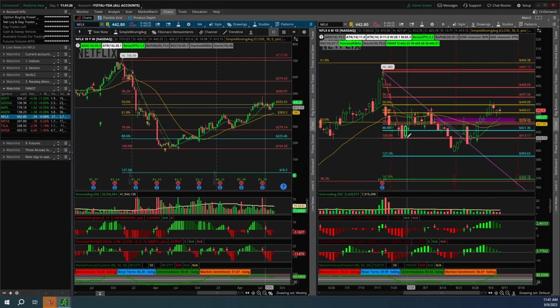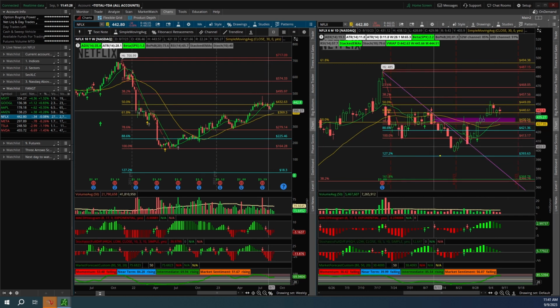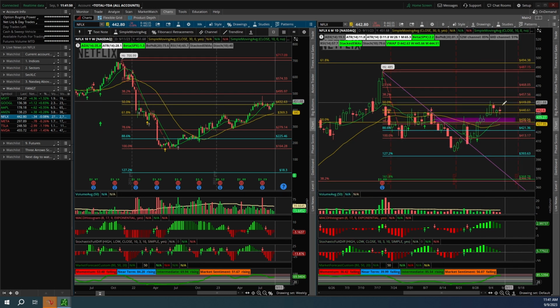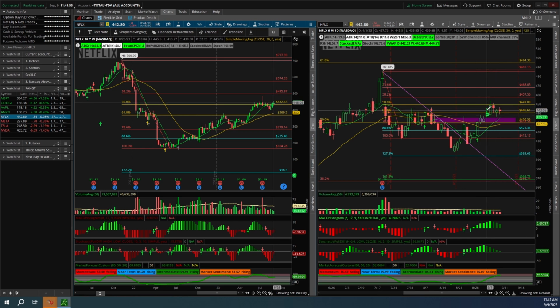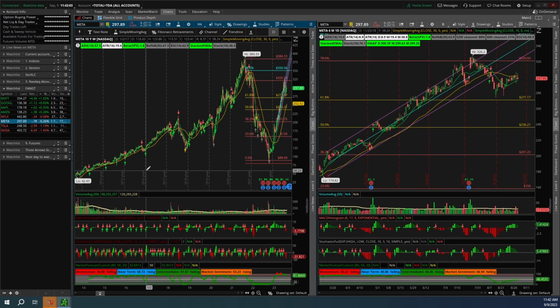But in the dailies, yeah, I took that trade there, but then it failed, and then it started to move to the upside. So that is where I sold it. It didn't work. I was expecting it to continue to move to the downside, but it didn't. So, anyways, now it's making higher highs, higher lows. We'll see if this one continues or not. But there's a critical level now, a pivot that was marked here at the 453 level right there. Meta.